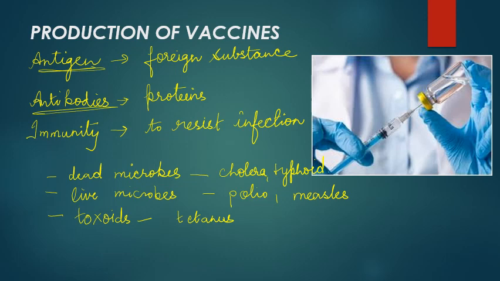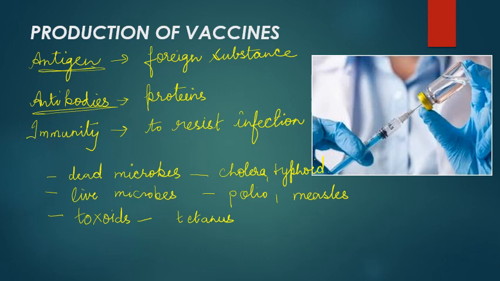The third category is that immunity against a particular disease can also be induced in the body by introducing dead or weakened microbes of the disease. And here comes the concept of vaccine. So this dead or weakened microbe of the disease is the vaccine.